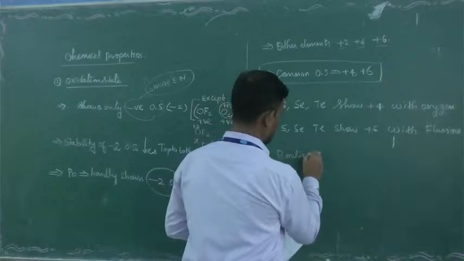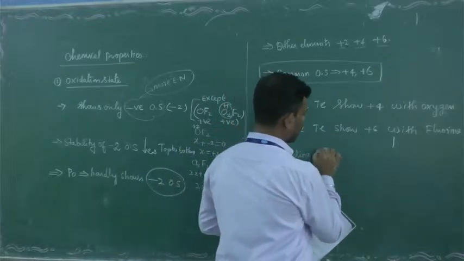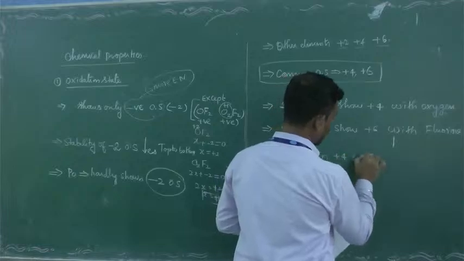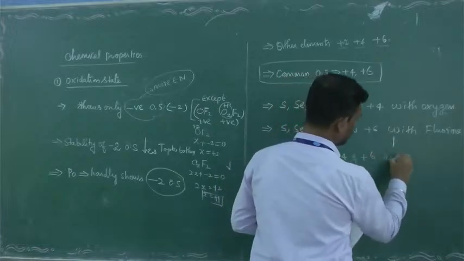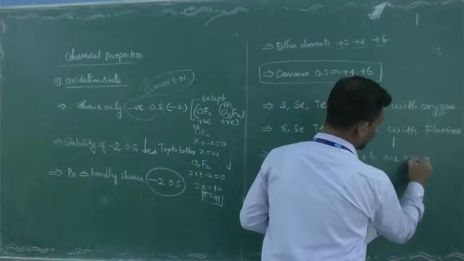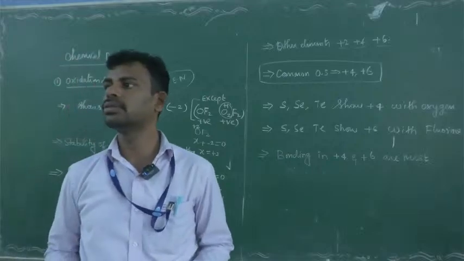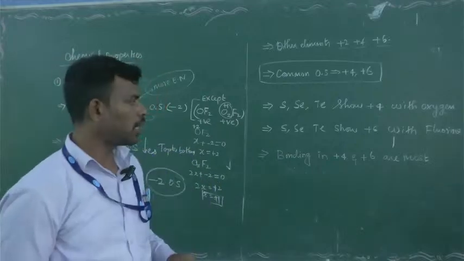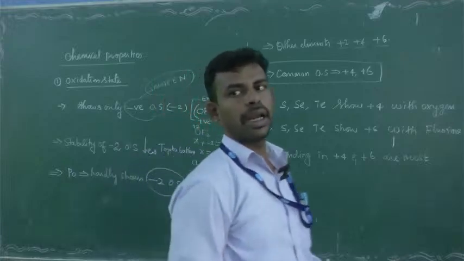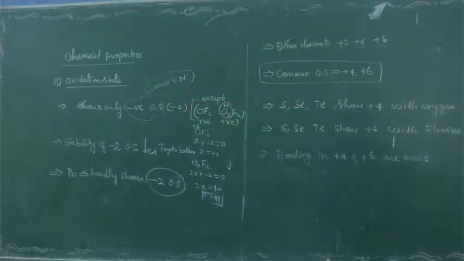Next, the last point: bonding in the plus 4 and plus 6 oxidation states is mostly covalent in nature rather than ionic.